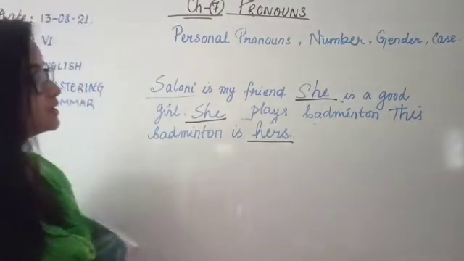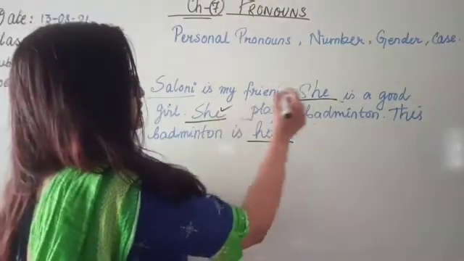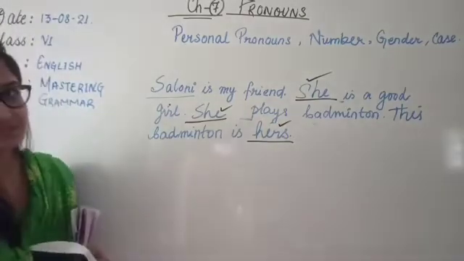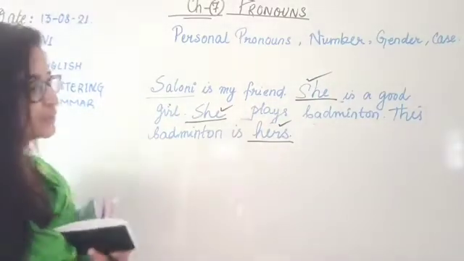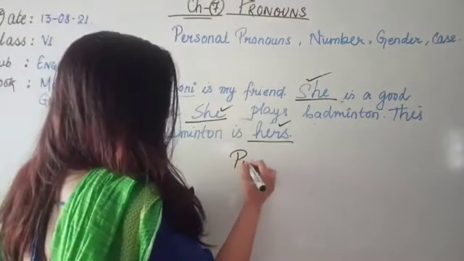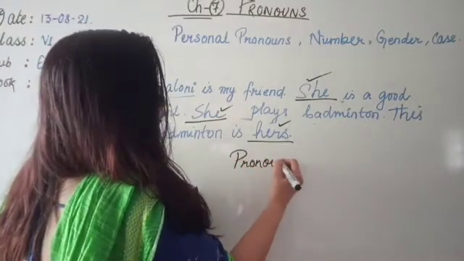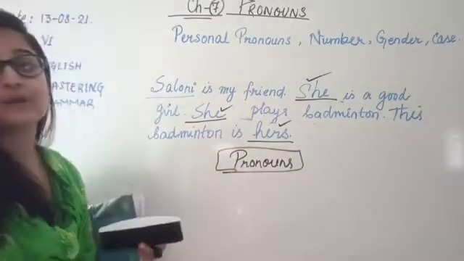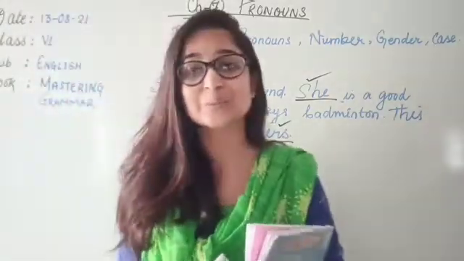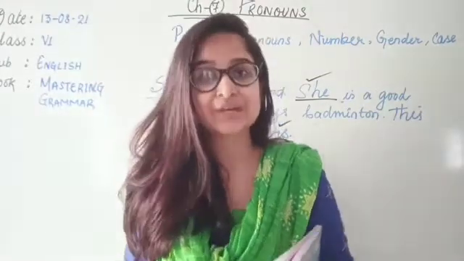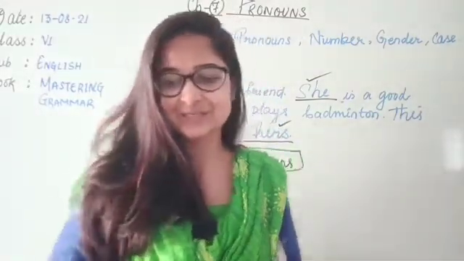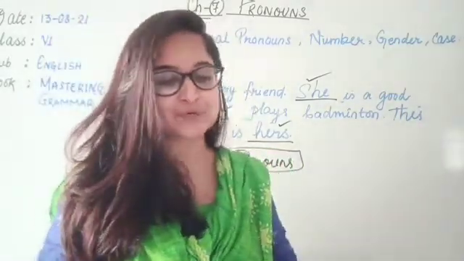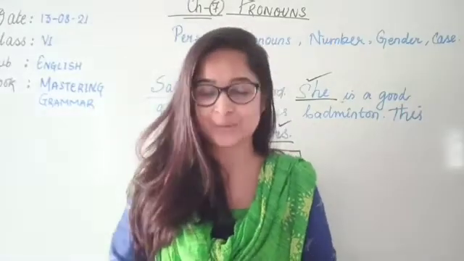So, all these words which have replaced the nouns, they are called pronouns. Pronouns are those words which are used in place of nouns. So, what did I tell you? Here I told you that words used in place of nouns are called pronouns.